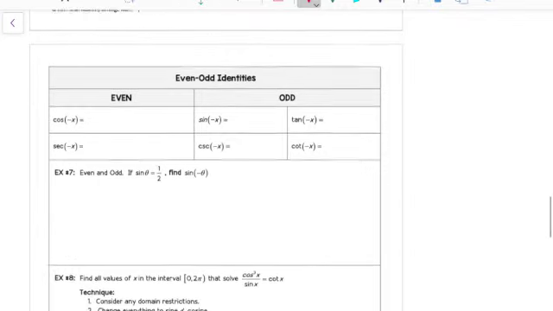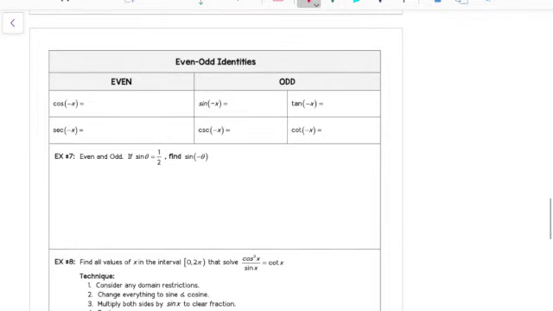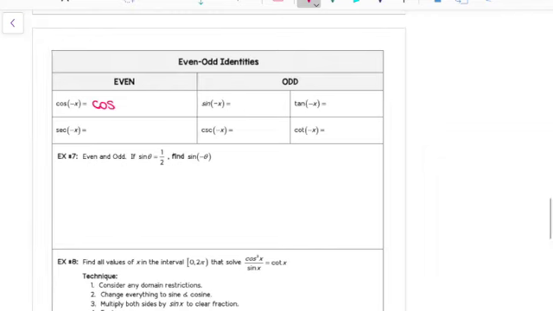The last part I want to cover is evens and odds. If you have cosine of -x, that's the same thing as cosine x. They are equal to each other. And I was saying in class, whatever cosine is, so is secant. Same thing here. For sine of -x, it's actually equal to negative sine x.